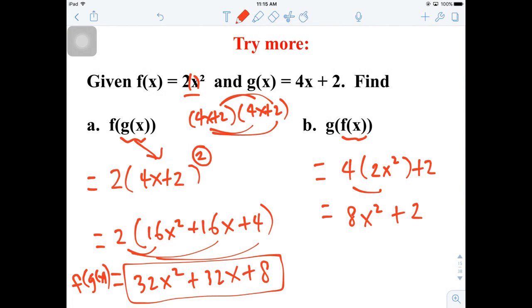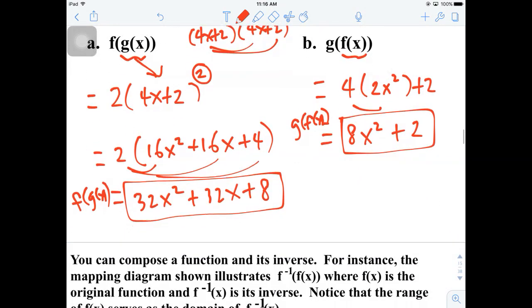And that looks like our final answer. So g of f of x is equal to 8x squared plus 2. So check your answers to see if you're getting them correct. If you are, then you are ready to move on. If not, then you just need to go back and review and make sure that you're getting this.